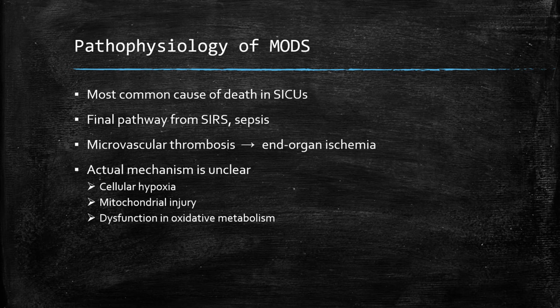At the microscopic level, MODS looks like microvascular thrombosis, which ultimately results in end organ ischemia. The actual reason for this microvascular thrombosis, however, is unclear. It's not certain if this is a problem with oxygen delivery, or whether it's a direct mitochondrial injury, or whether there's some dysfunction in oxidative phosphorylation.